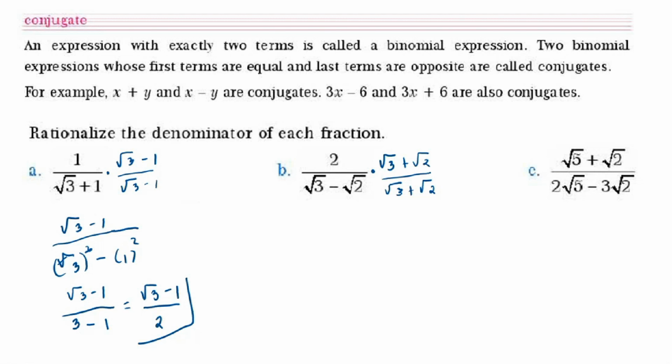Now, let's multiply numerator by numerator. We can write 2 times the square root of 3 plus the square root of 2, all over the square of the first term, the square of the square root of 3, minus the square of the square root of 2.